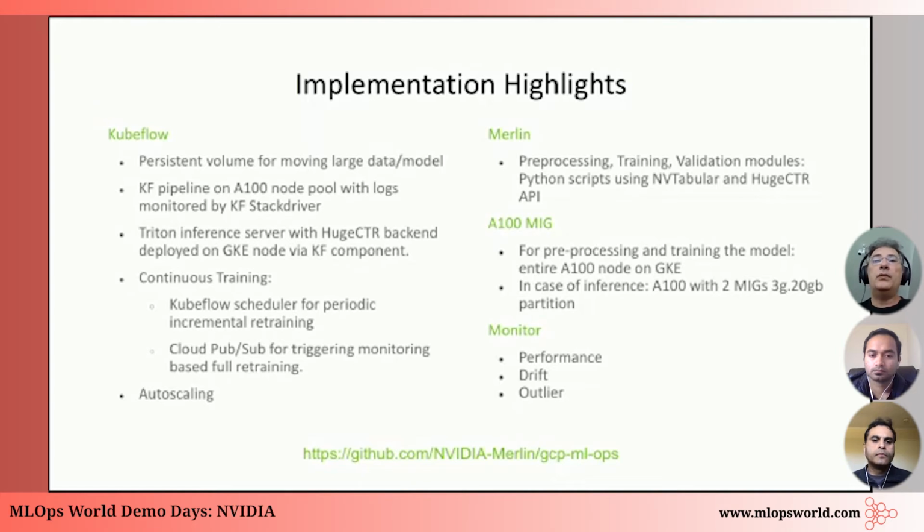And we will see in the demo how we can monitor performance, drift, and outliers of the inference results. Again, at the bottom of this slide you will find the link to the scripts. But now it's time for the demo.